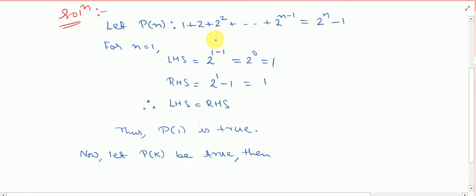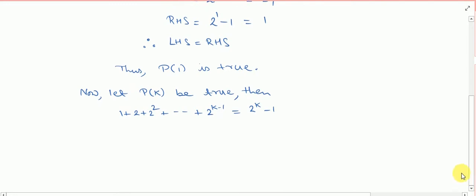The only thing is your n will be replaced by k. Okay. So then 1 plus 2 plus 2 square plus dash dash dash plus 2 to the power k minus 1 is equal to 2 to the power k minus 1. Okay. So give this as equation 1.